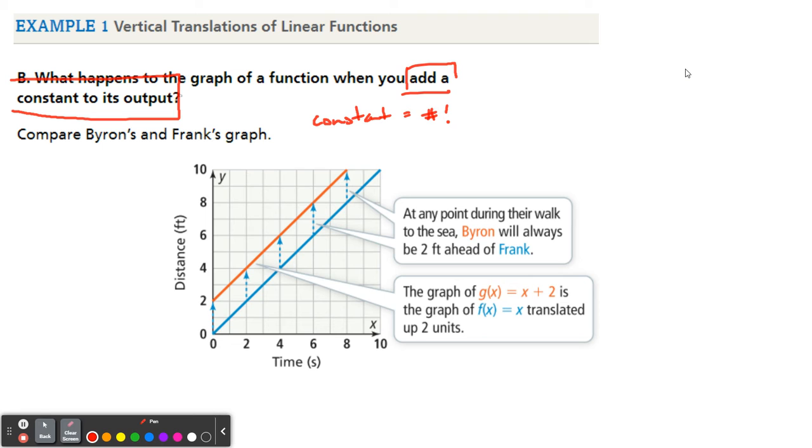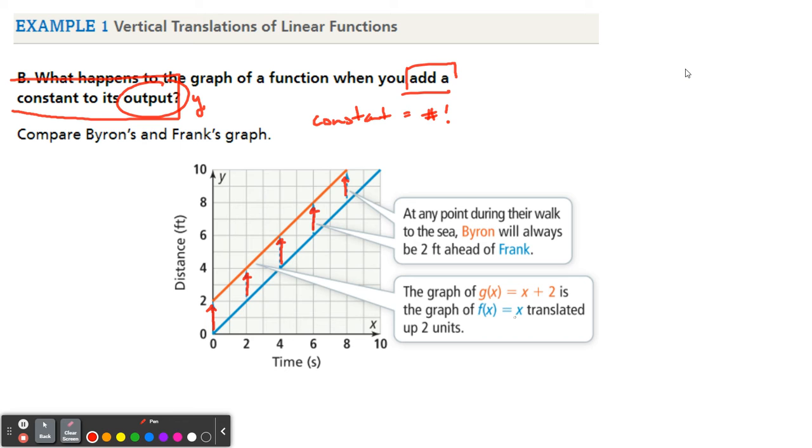So when we're adding a constant to its output, that means we're adding a constant to the y. Well, the y, when you add something, is going to go up. And this is the comparison we talked about in the last problem, which is this problem just rewritten. The red graph, Byron's path, was up 2 from every spot on Frank's graph, and that is because of this plus 2 added after the x.